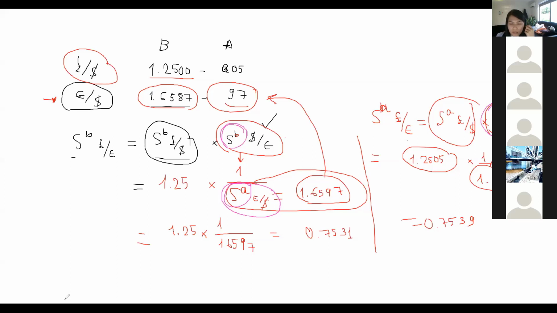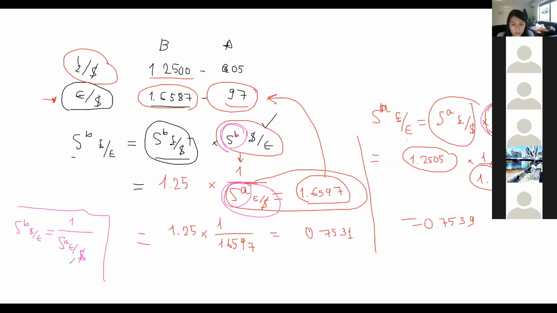So let me write it down clearer for you. Here I need the bid rate for the dollar over euro, and it will be the reciprocal of the ask rate of the euro over dollar. Does that make sense? That's why we use the ask rate here in the first calculation.